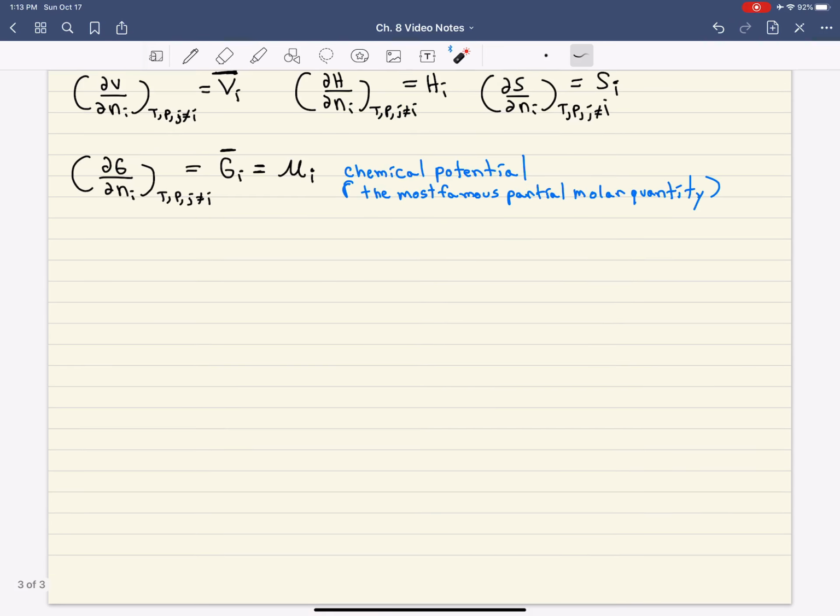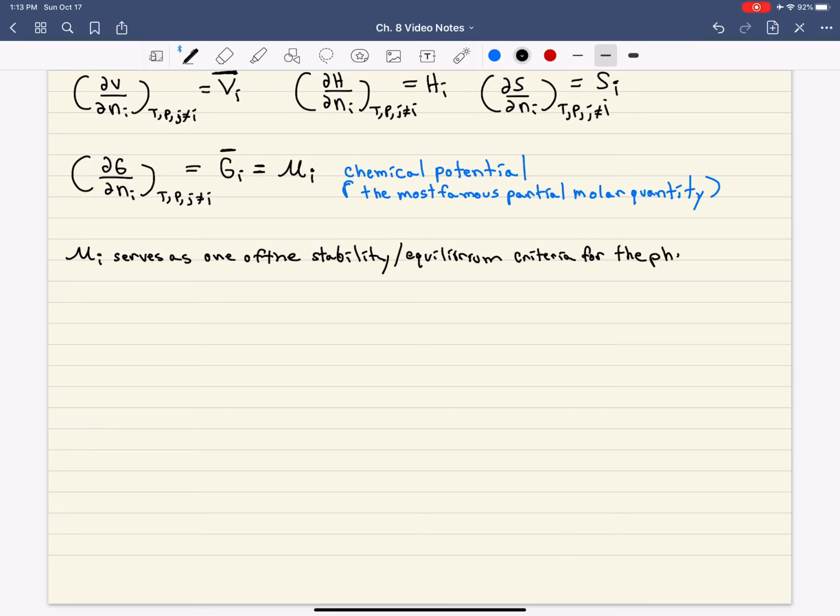In fact, I should probably just take some time to mention, I'll write it out here, that mu i serves as one of the stability/equilibrium criteria for the phase behavior of mixtures.